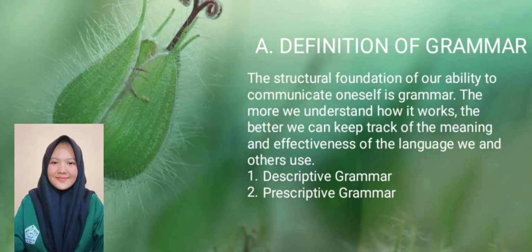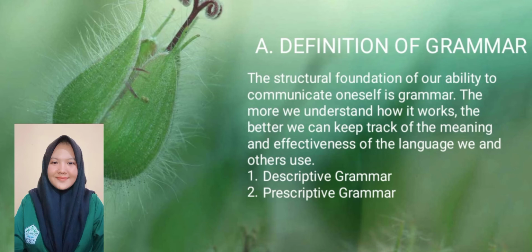1. Descriptive grammar describes a language structure as it is utilized by speakers and authors. 2. Prescriptive grammar refers to a language structure as some individuals believe it should be utilized. Rules are important in both types of grammar, but in different ways.